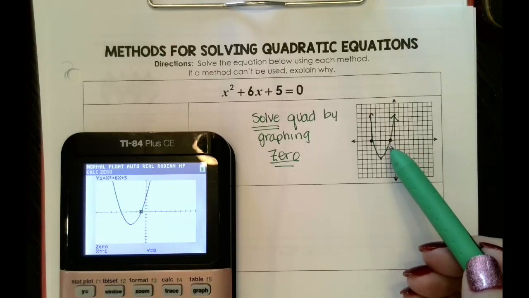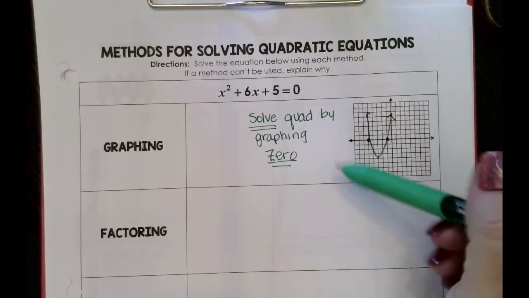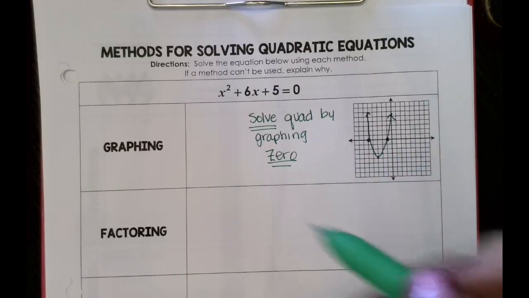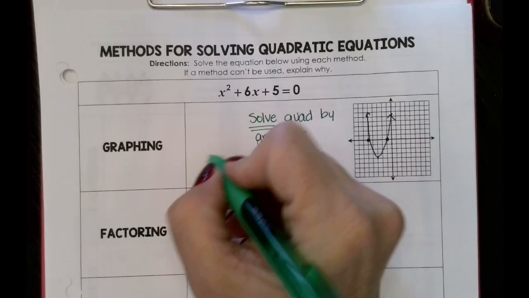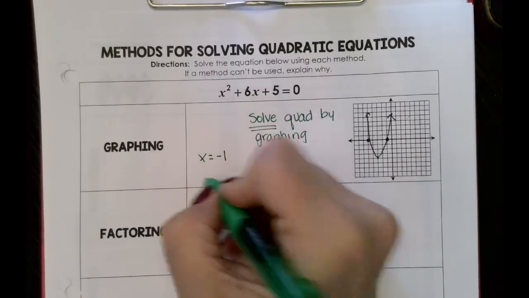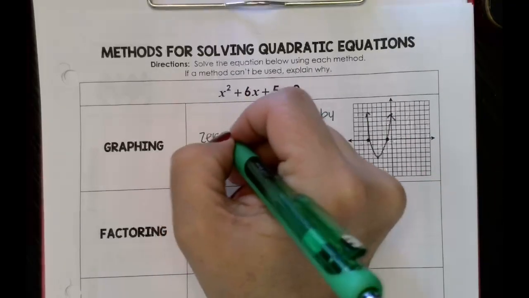And we saw that on the graph. So one way that we can solve this is just by graphing and finding the zeros. What we see is the zeros happen at x equals -1 and x equals -5. These are my two zeros.